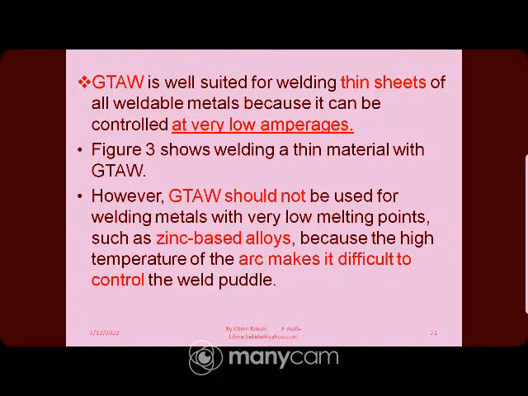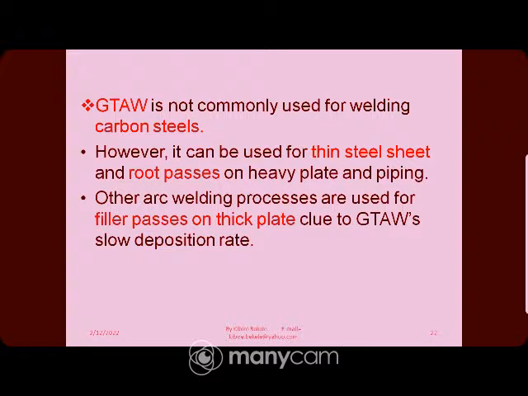If the base metal has a very low melting point, it's important to change the process. We can use soldering or braze welding, but this arc is only for welding average melting points.